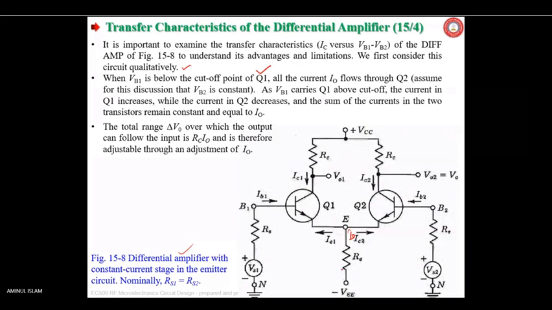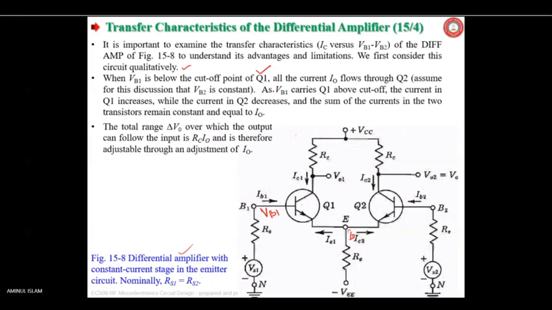Yes or no? Yes, sir. Because if VB1 is less than the cutoff point of this transistor Q1, then it is not conducting. Q1 is not going to conduct any current. So IC2 is equal to the whole current.